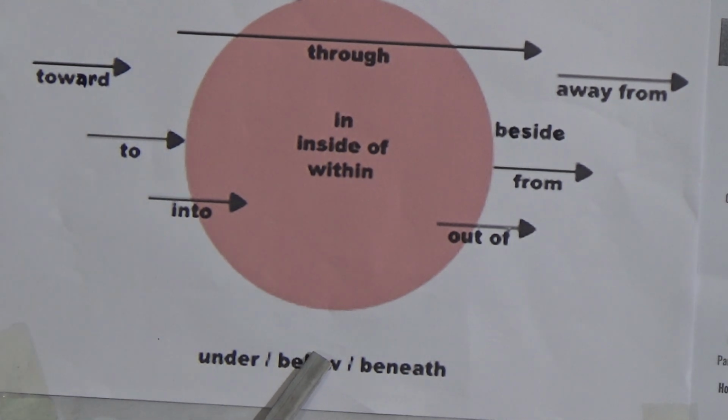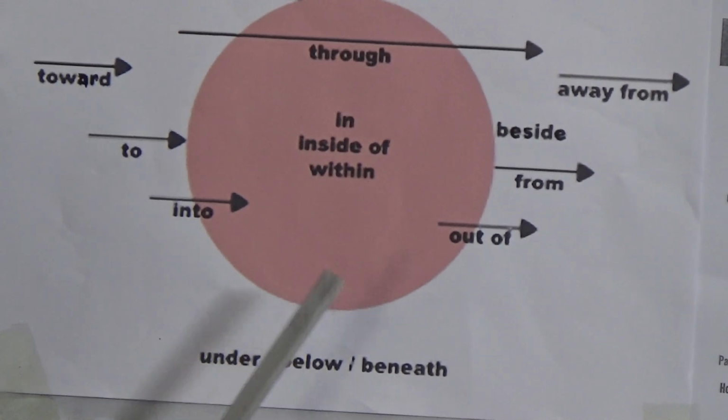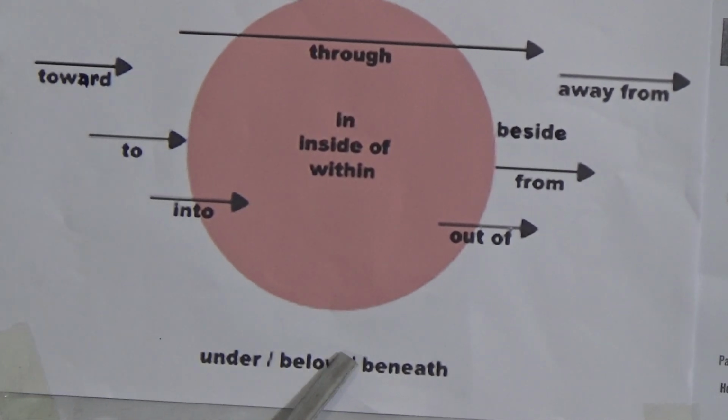So dear students, we can use those prepositions to indicate lower than something. When we use under, that means something is lower than something but touches the surface. And we use below when the object does not touch the surface, but its position is lower than the surface.